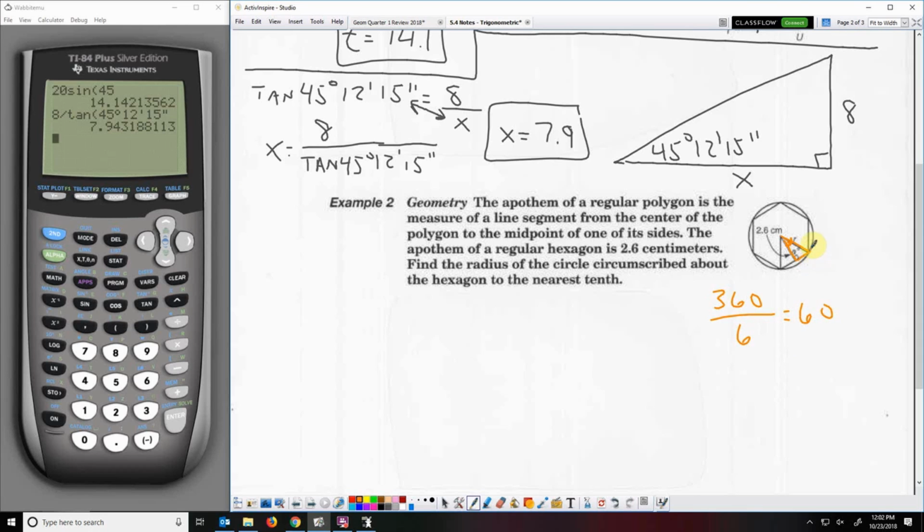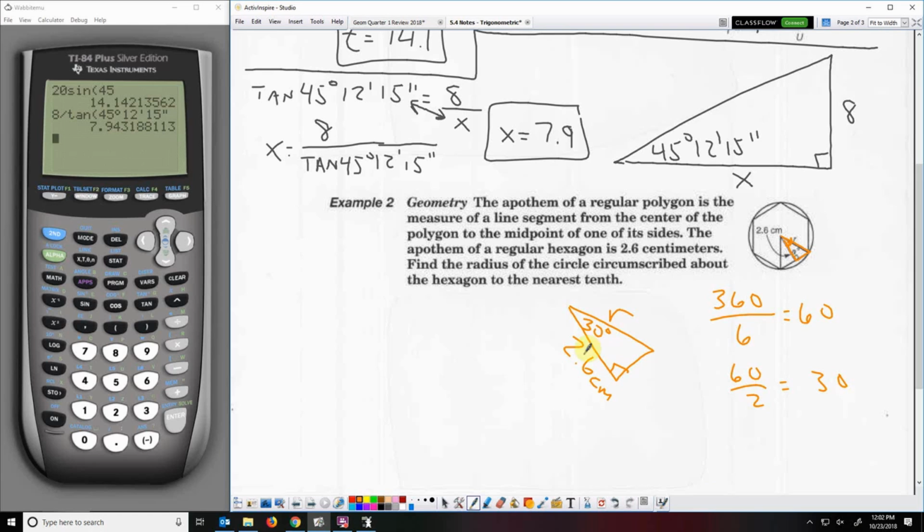But right here, I'm just dealing with a half of a central angle. So 60 divided by 2 is 30. Okay, so I'm going to pull this triangle out, make it a separate drawing. So I've got that right angle. I've got 2.6 centimeters. I'm looking for this radius, and I've just found that this is 30 degrees.